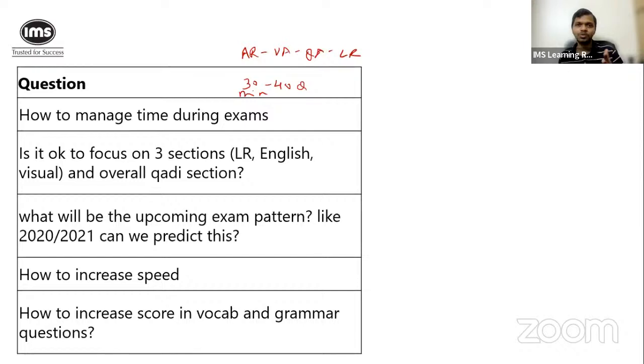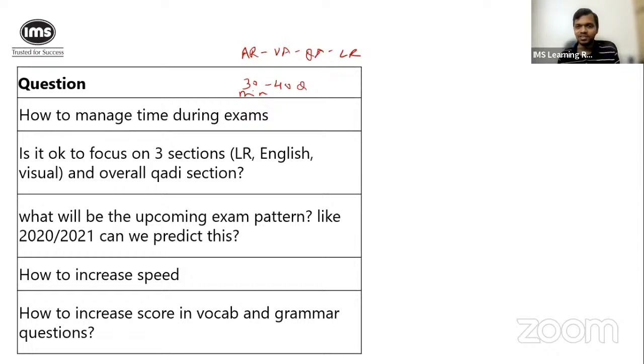I'm going to consider last year as an aberration. It's something that they should not have done, but they did it. So my gut feeling would be that it will be the earlier pattern, but you never know with CET. So you have to be prepared for the 21 format as well. You can't really take any chance. Be prepared for both formats, the sectional format as well as the jumbled format.